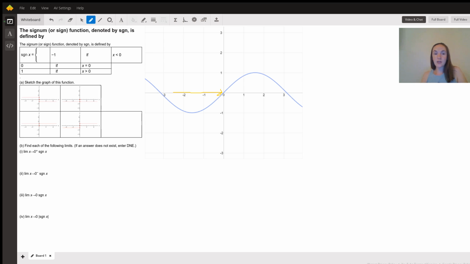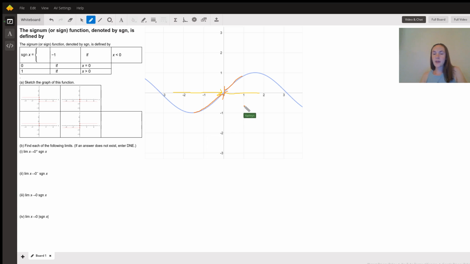As x is approaching 0, the sine of x is also approaching 0. That's coming from the negative side. What about when x is approaching 0 from the positive side? Once again, the sine function is also approaching 0.